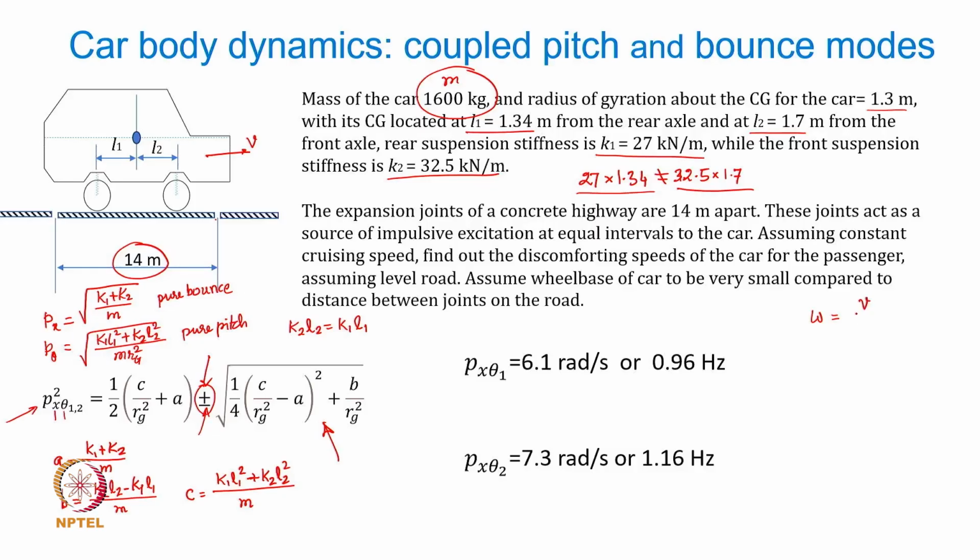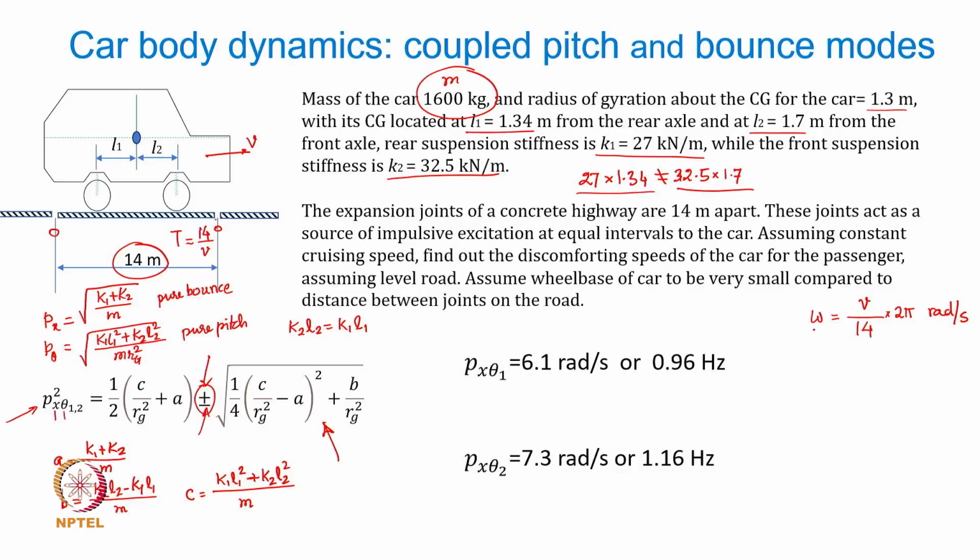This will be V divided by the gap between the expansion joints, that is 14 meters, times 2 pi. That's going to be in radians per second, because the time period is going to be 14 divided by V. So the time for the vehicle to travel from this joint to the next joint to get the next excitation is 14 divided by the speed, and 1 over that multiplied by 2 pi is going to be the frequency in radians per second.